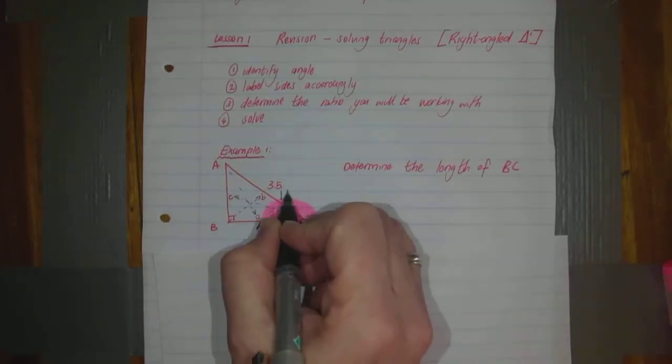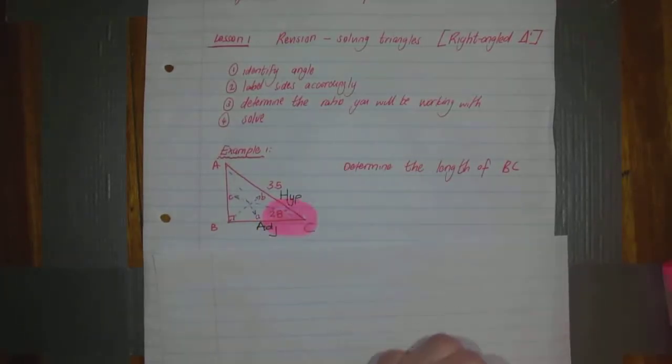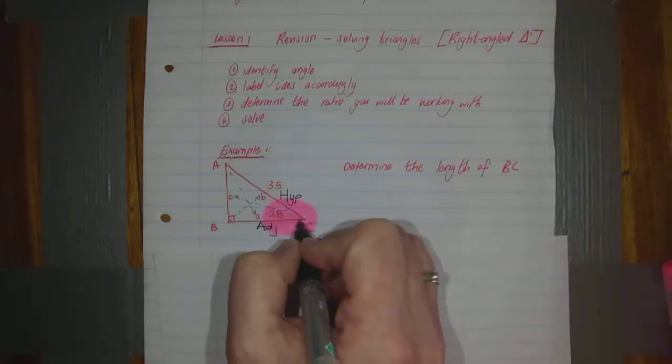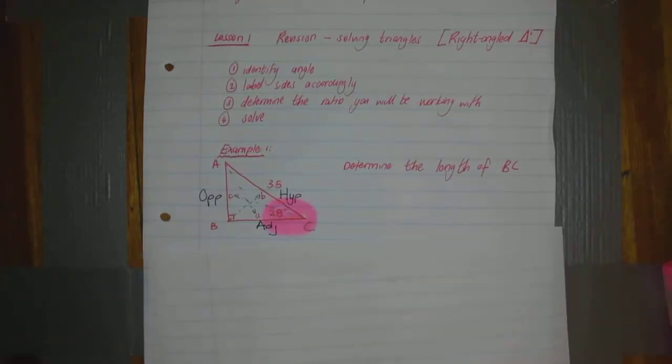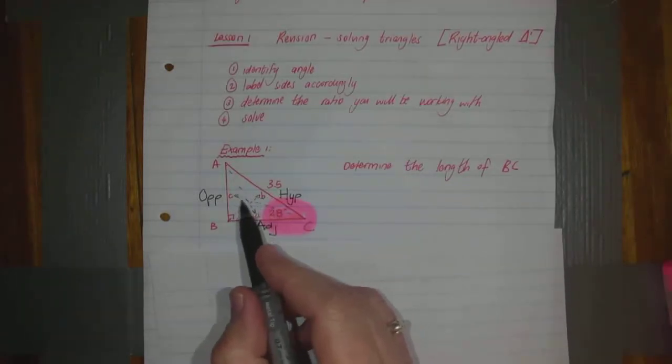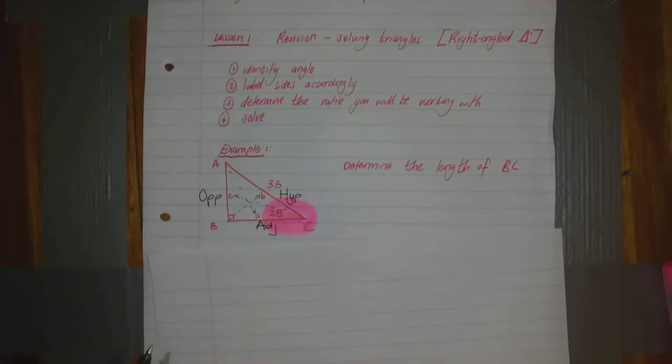Opposite the 90 degrees is my hypotenuse. And then opposite the given angle, that is my opposite side. The reason why I'm writing OPP for opposite and ADJ for adjacent is because there are so many letters already, I don't want you to get confused.